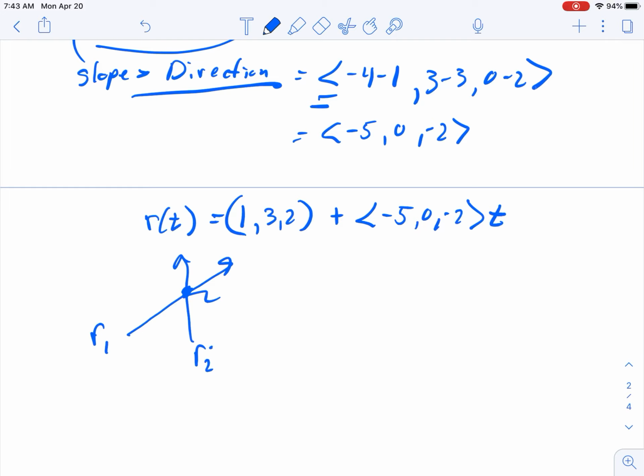They're going to intersect, but this one might intersect at time, let's say 2, but this one is going to intersect at time, let's say 4. So they're going to be at this spot at different times. So if we do a second equation, this might be time 1 and time 2, and we've got to keep them separate.